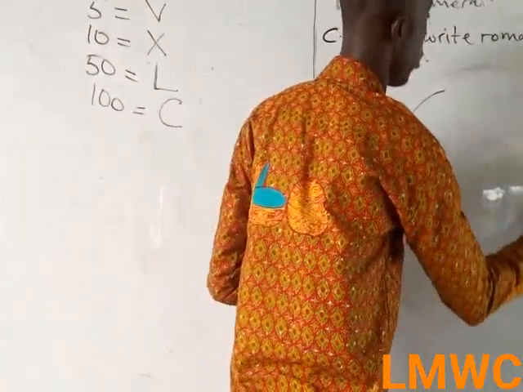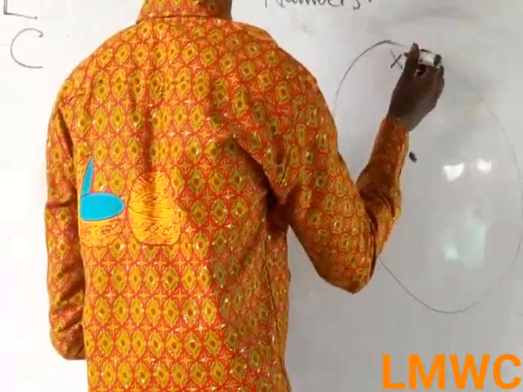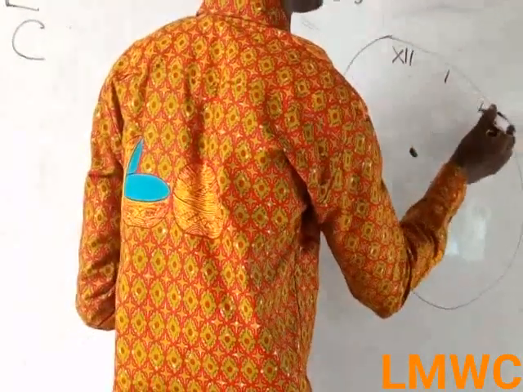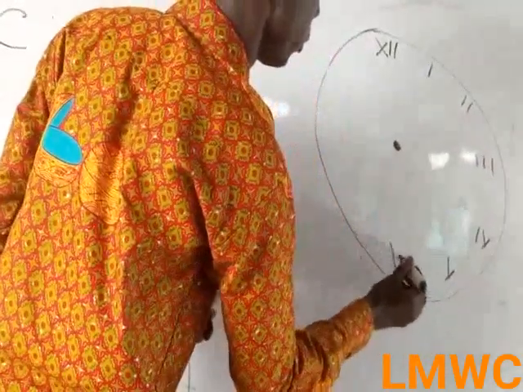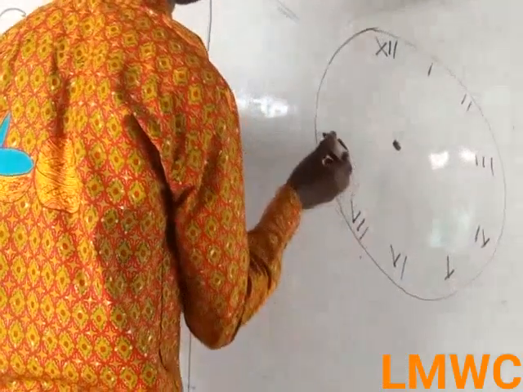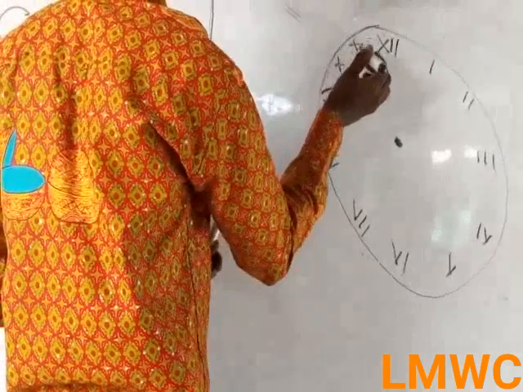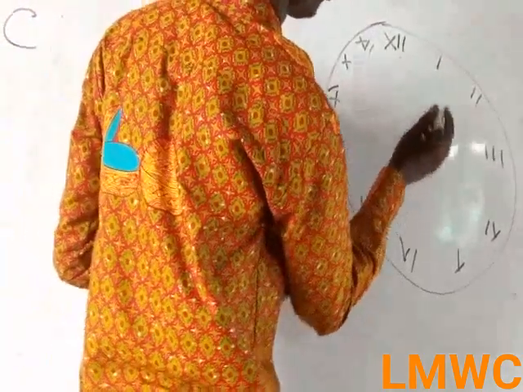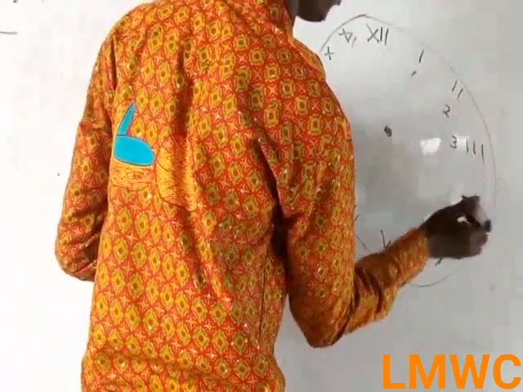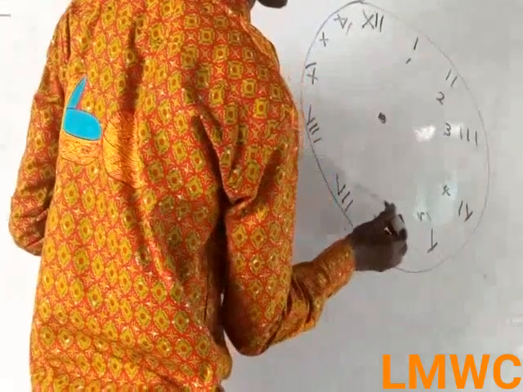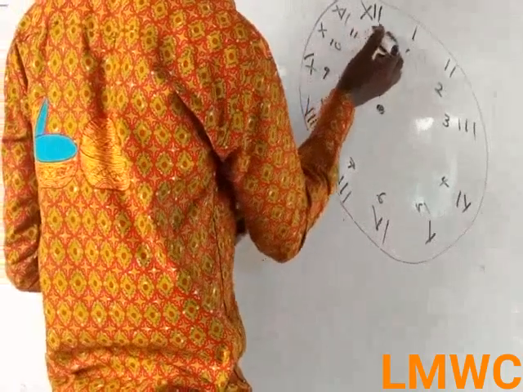So you see, I gave you an analog clock, and this analog clock, 12. 12 is this. So we have 1, 2, 3, 4, 5, 6, 7, 8, 9, 10, 11, 12.